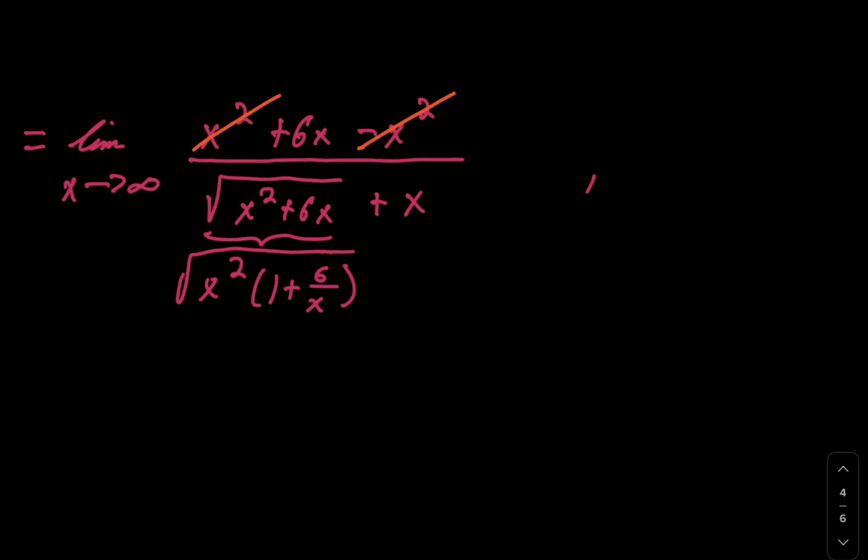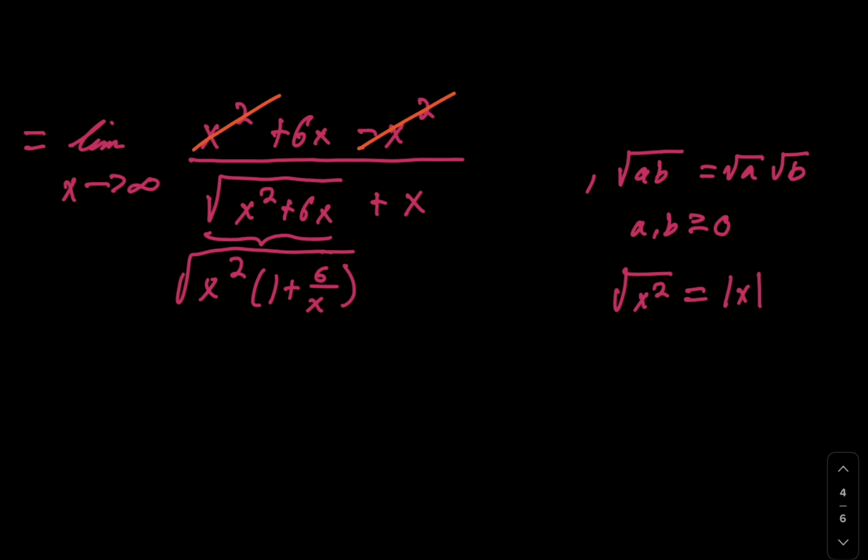And let's just remind ourselves of some things. The square root of a times b equals the square root of a times the square root of b, provided that a and b are both non-negative. And the square root of x squared equals the absolute value of x.